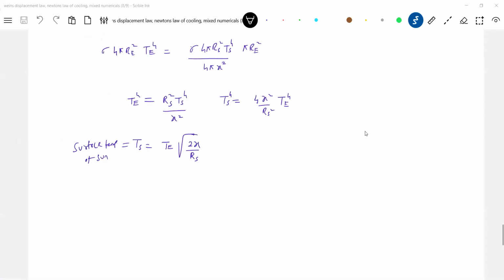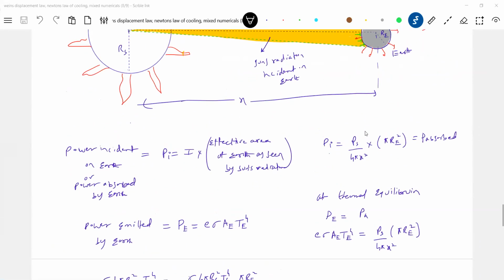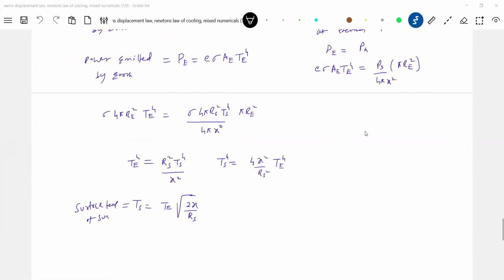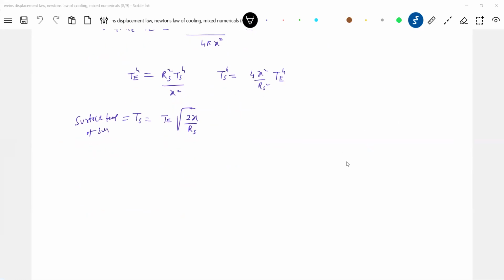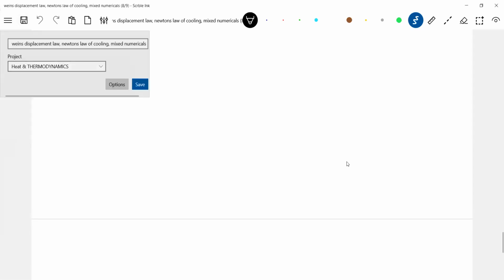Yes, sir. Oh, I think from where we have started. Okay, I'll rewrite. I think we have started with point source of light. No, why it is troubling? No, today.